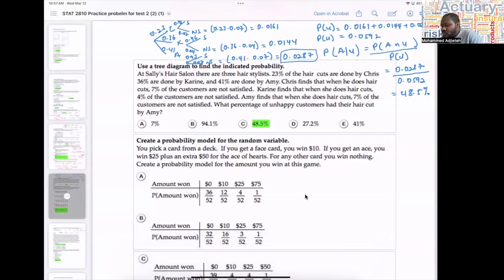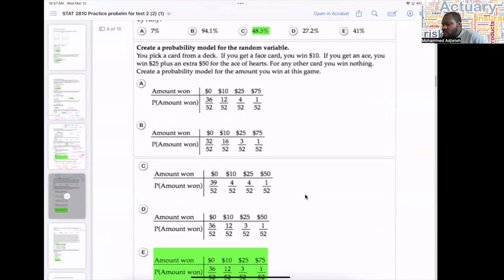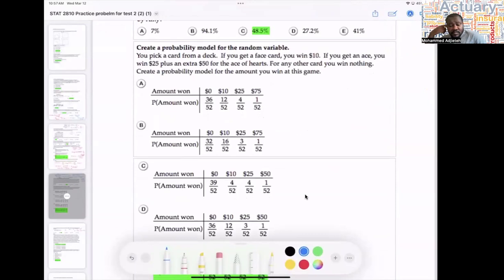Okay, now let's proceed. Here, we are asked to create a probability model for the random variable. You pick a card from a deck. If you get a face card, you win $10.